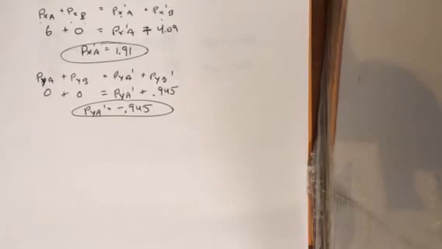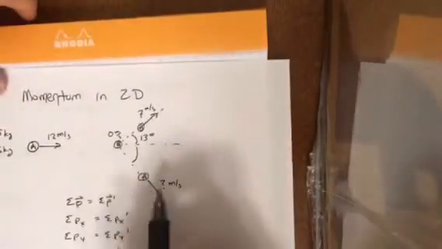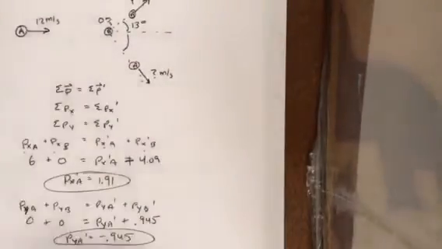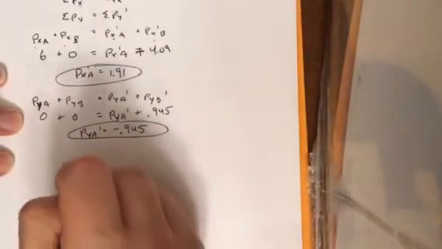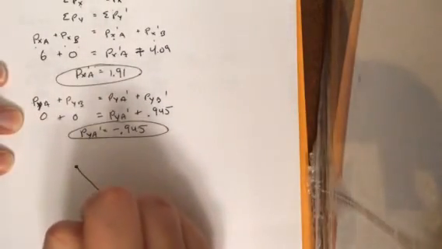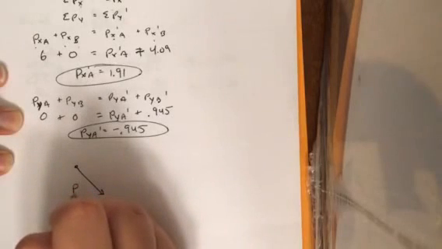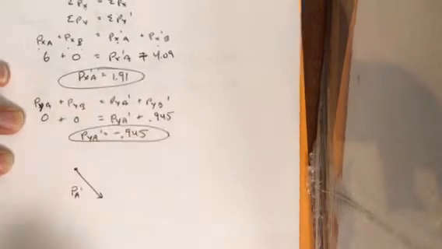What do we do next? Well, recall that we now have an x and y component. So if you look up here, we already knew that this object was going to go sort of in the southeast direction. And if we call this PA prime, that should match what we just found here, right?